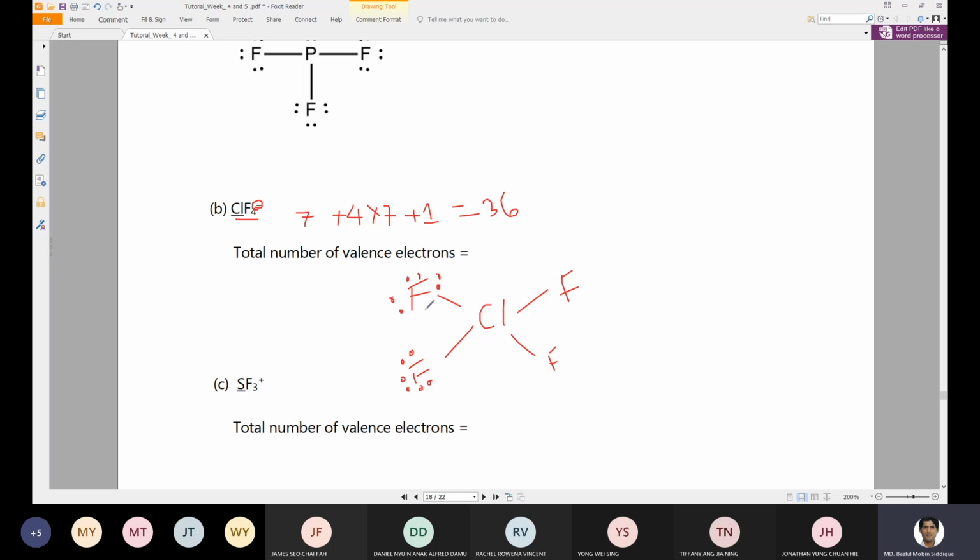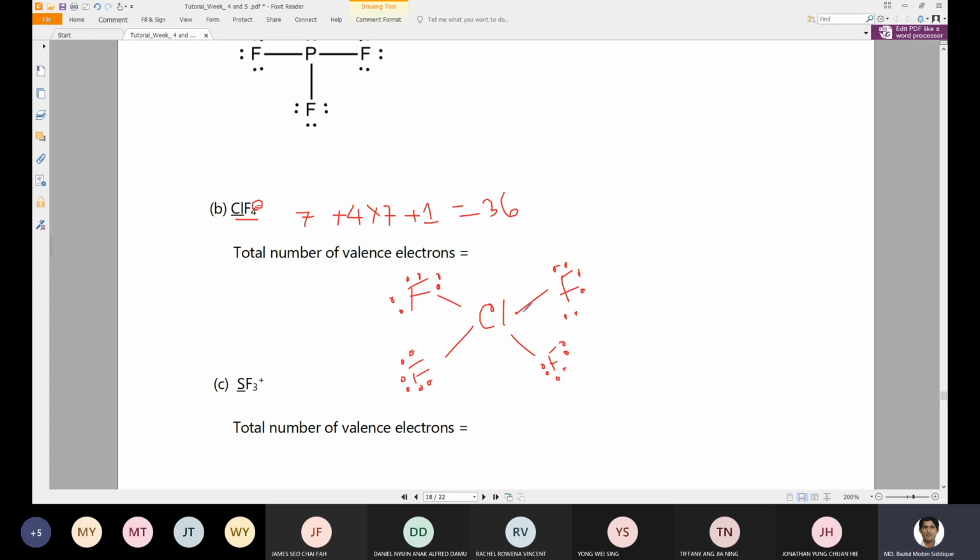Because of this 4 fluorine, every one of them is having octet filled up, right? 8 times 4, and by this way chlorine is having all octet filled up as well.